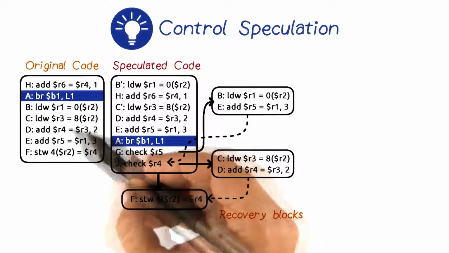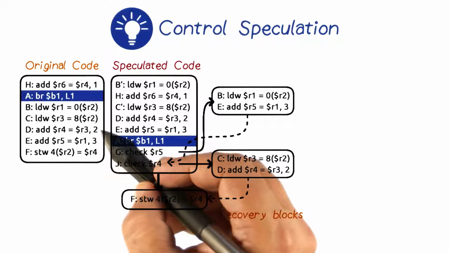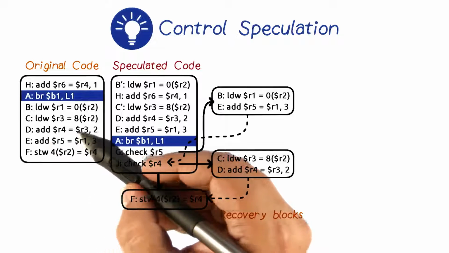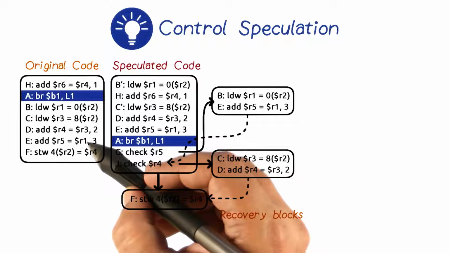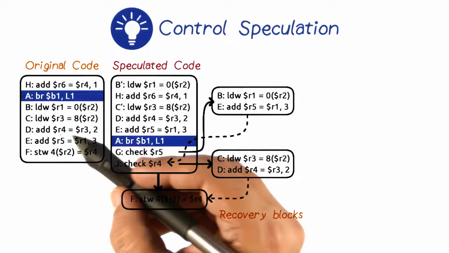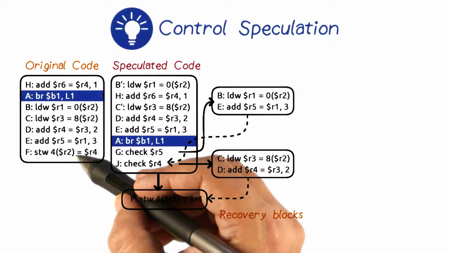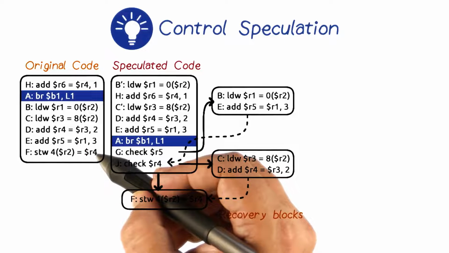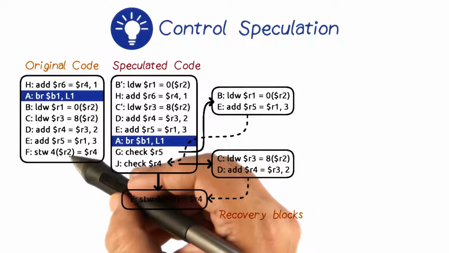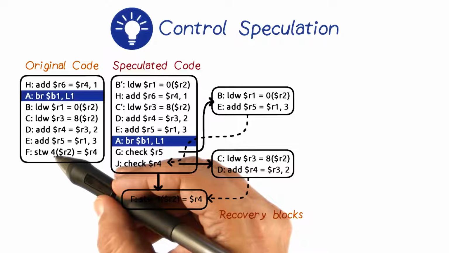For example, R4 is equal to R3 plus 2, and R5 is R1 plus 3. Finally, we have a store using the value of R4, which is stored in memory at an offset given by R2 and 4.